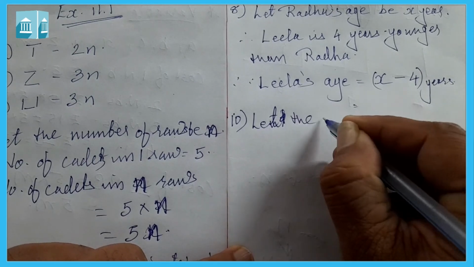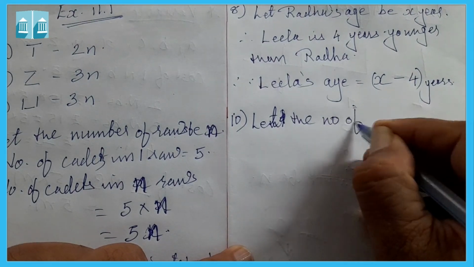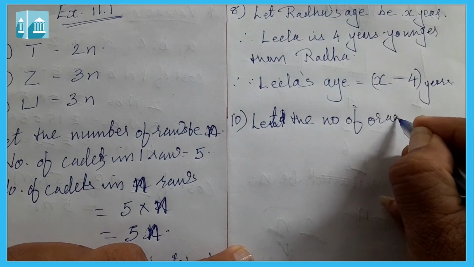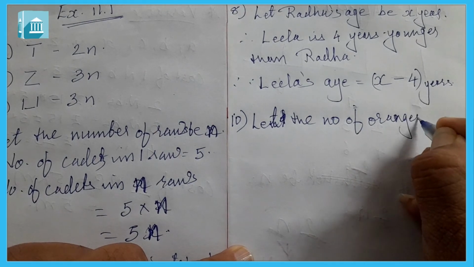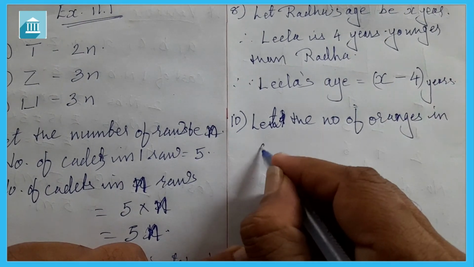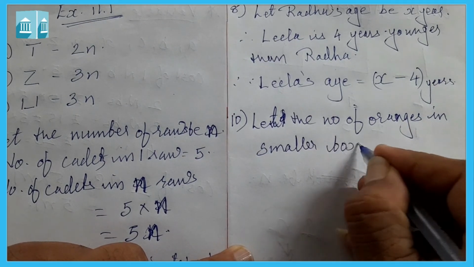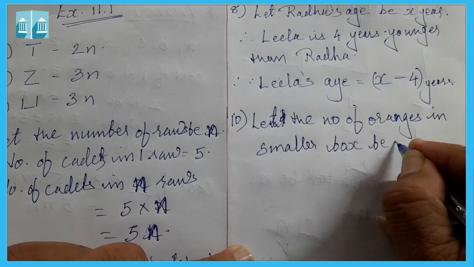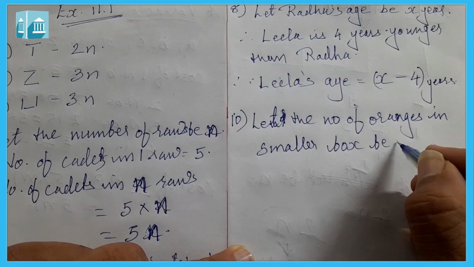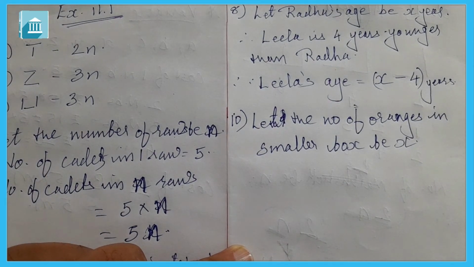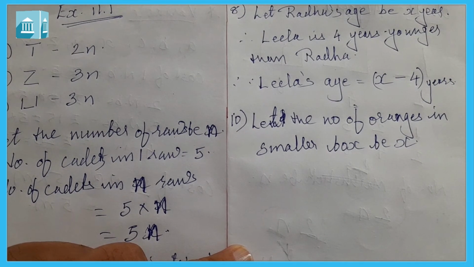let the number of oranges in the smaller box be x. Now here it is given that when the larger box is emptied, the oranges from it fill two smaller boxes.